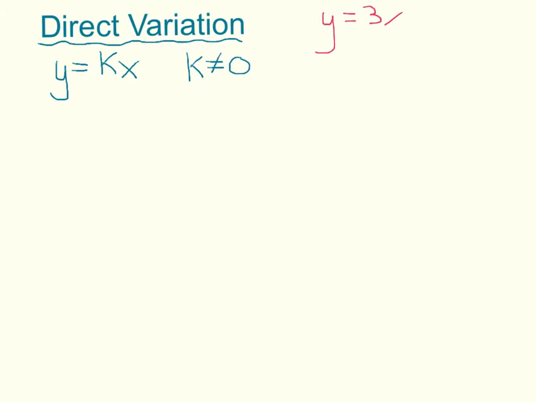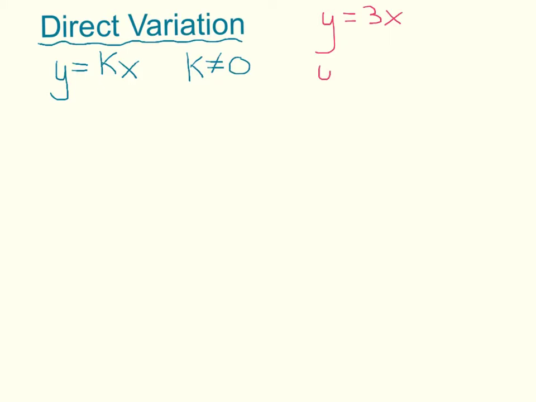First, we're just going to talk in general terms about what direct variation is, and then some vocabulary that goes along with it. Starting out, the general equation is y equals kx, where k does not equal 0. So if we have y equals 3x, that is in the form of direct variation.